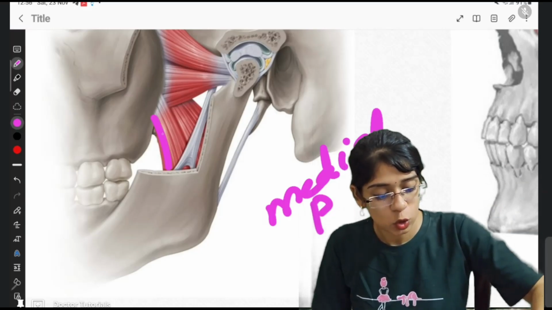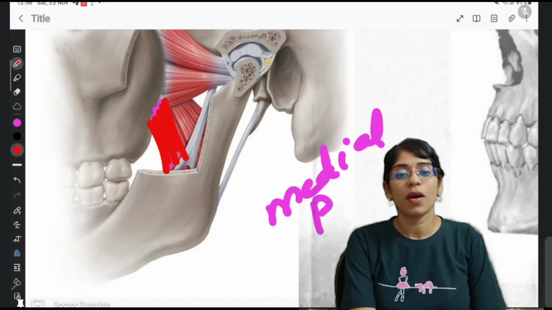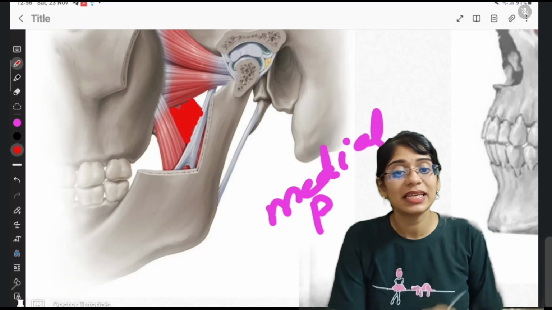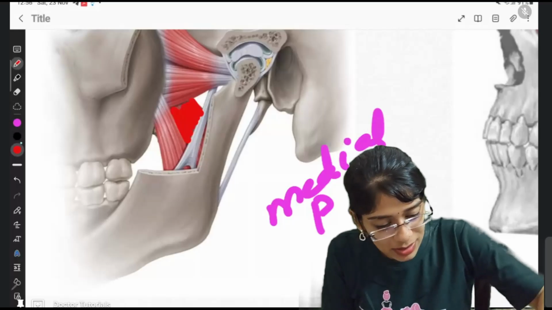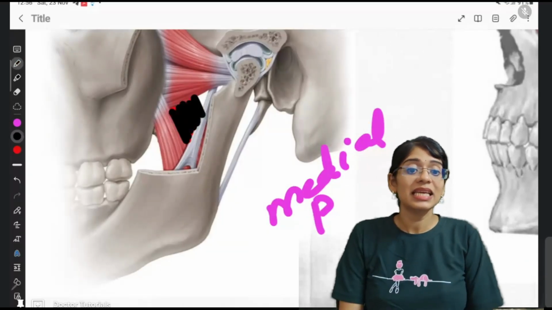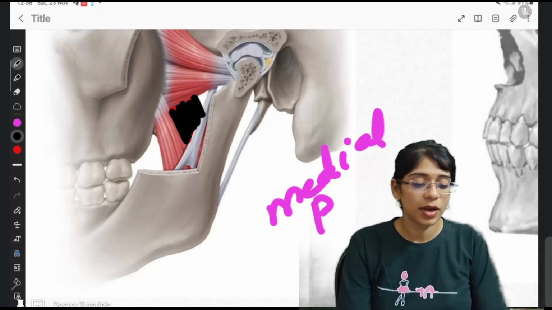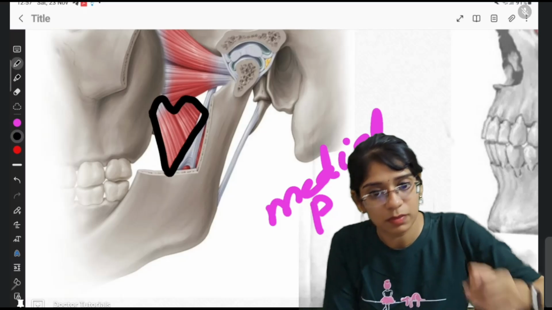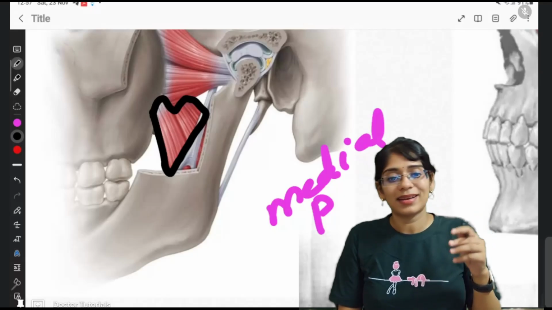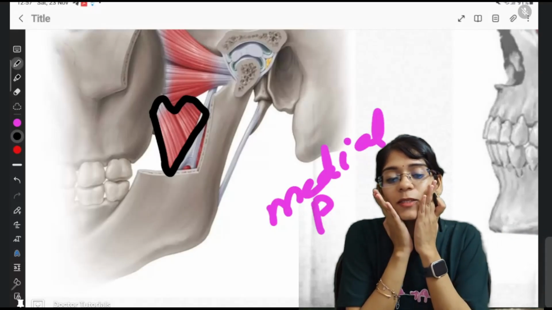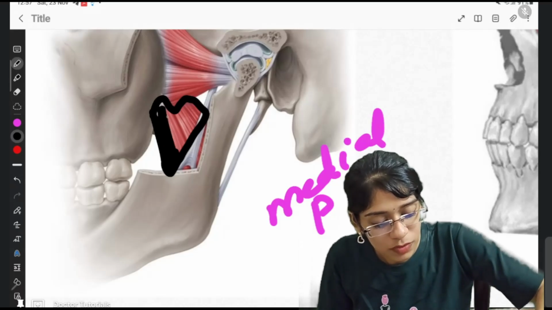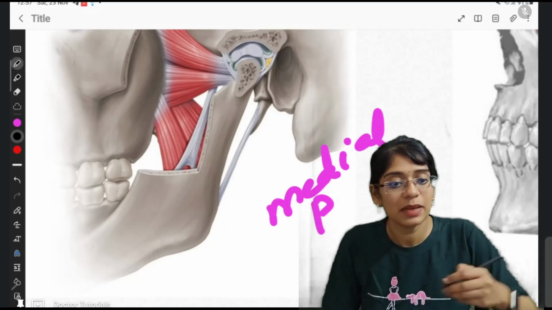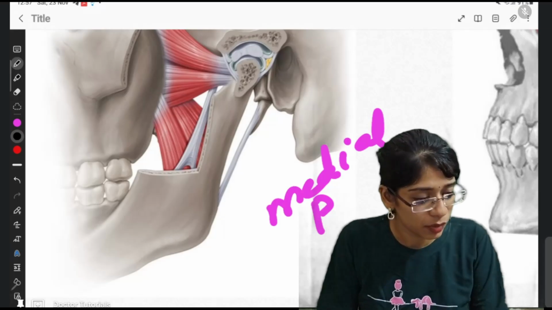This is the superficial muscle fibers of medial pterygoid, and this part is the deep fibers of medial pterygoid. Repeat after me, what is medial pterygoid? The whole thing that I am drawing here with black is a medial pterygoid. It has two types of fibers: the superficial muscle fiber, this one, and inside, the deep muscle fiber. So that's your medial pterygoid.